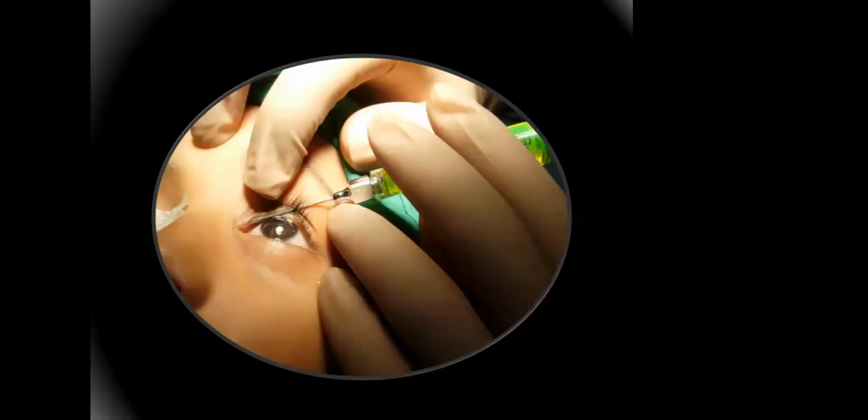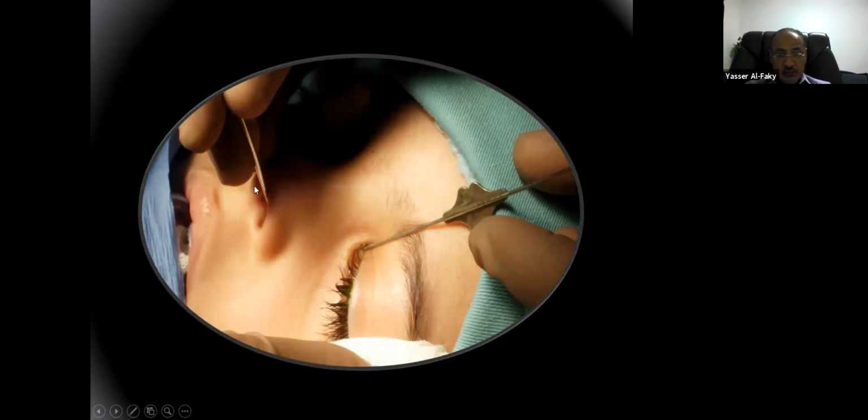Then, if it is not responding until the age of 1 year, we'll go for probing plus or minus stent. Putting the stent is an intraoperative decision. This is how to feel hard metal on metal. So you have to go perpendicular to the table and 15 degrees to hit the probe.